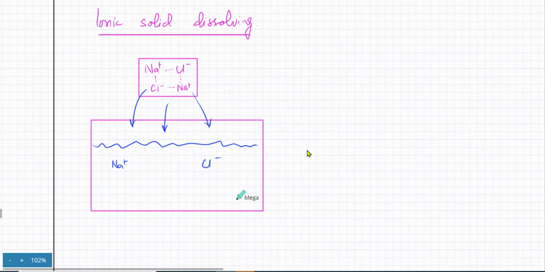Cl minus one is separate. There's an Na plus one and the Cl minus one. They're all going in different directions. So the first step is you have to break the ionic bonds.